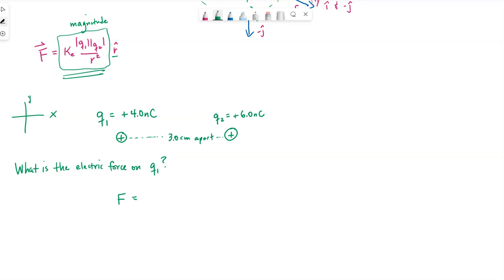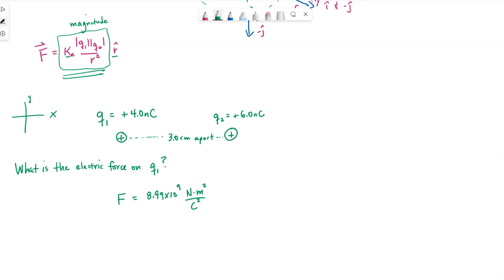Because force is a vector, I would have to be asked for just the magnitude of the force if it did not want me to account for direction. So I'm going to go ahead and start plugging in. k is this constant, this 8.99 times 10 to the 9. k has units of newtons times meters squared over coulombs squared.